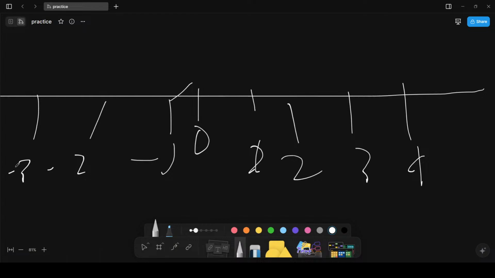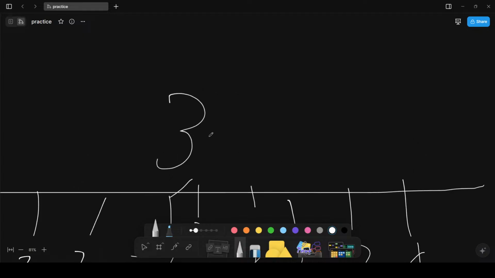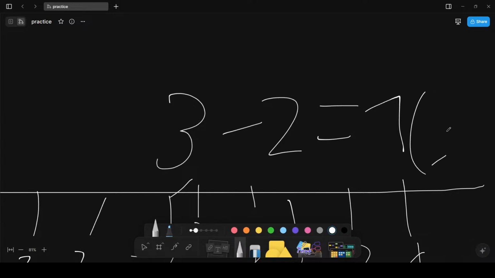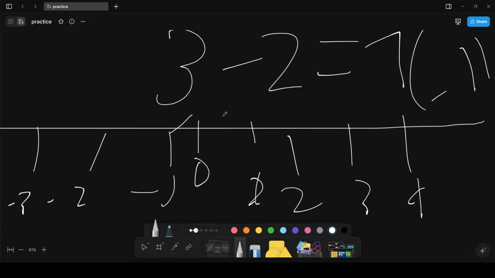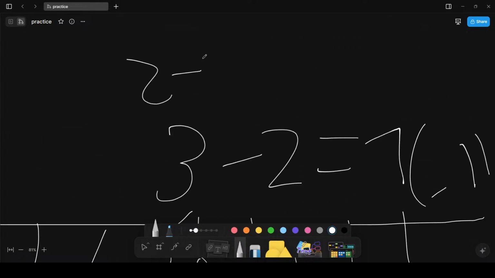Let's say this is 3 minus 2. How is it? The answer is 1, but not minus 1. We all say that it is due to 3 being the bigger number. Why is that? Well, let's say it was 2 minus 3.